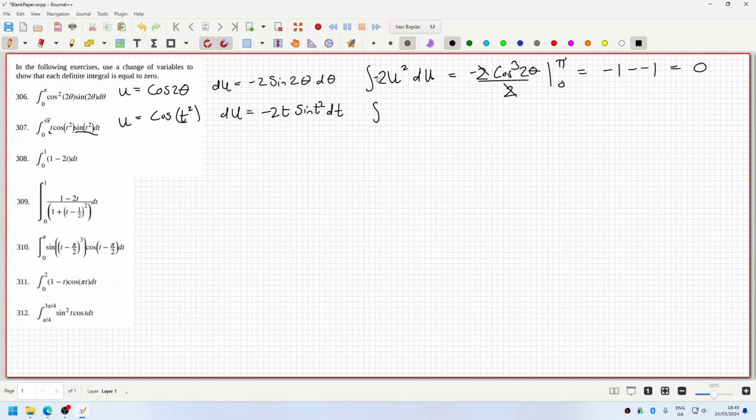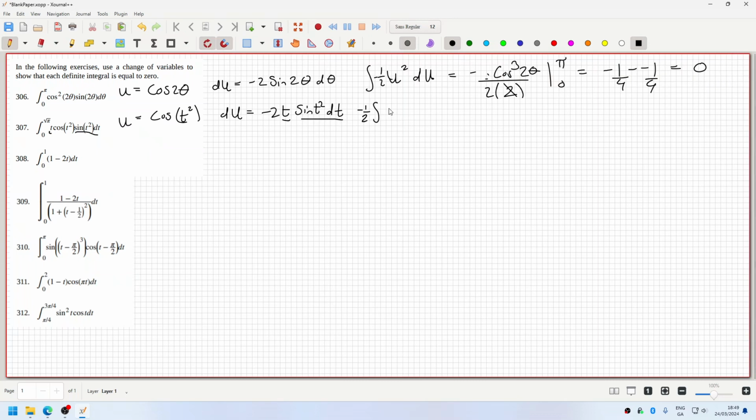You know, I feel like that should have been a half, not 2 in the previous one, because I need to divide by 2 here. So actually that should have been 1 over 2. Just like here, it'll be minus 1 over 2. You're left with t sine t squared dt.